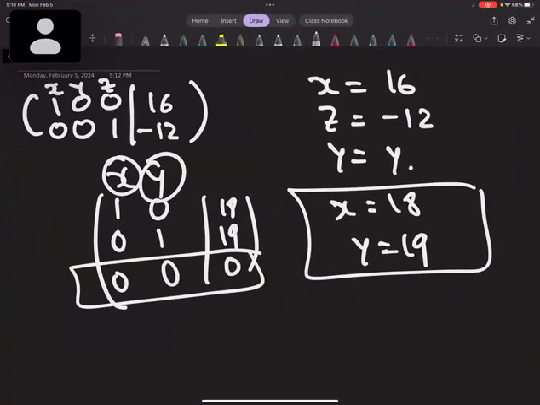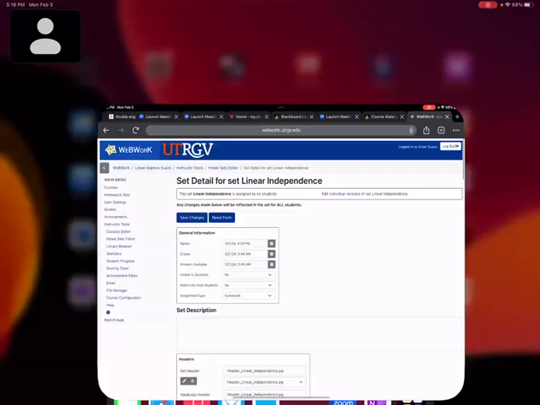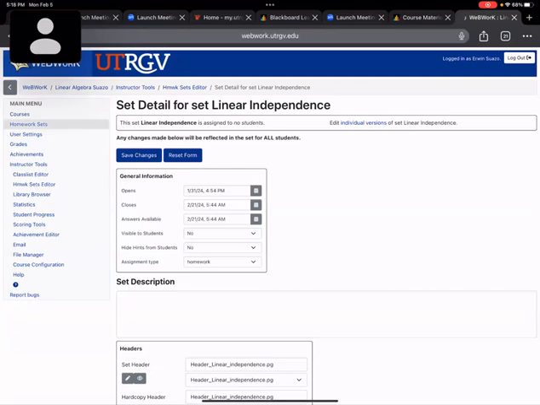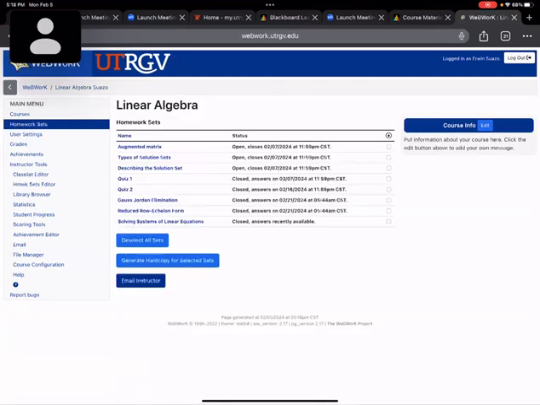On Wednesday we're gonna do linear independence and the Gaussian elimination. Let me see the problems we have. It's gonna be over the homework we have already today, and whatever we can cover today.